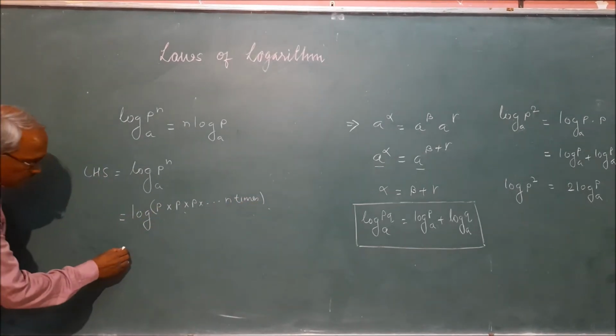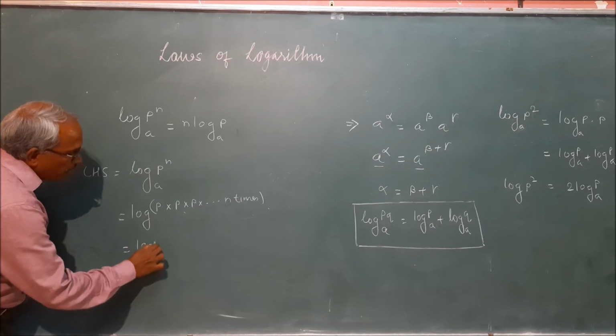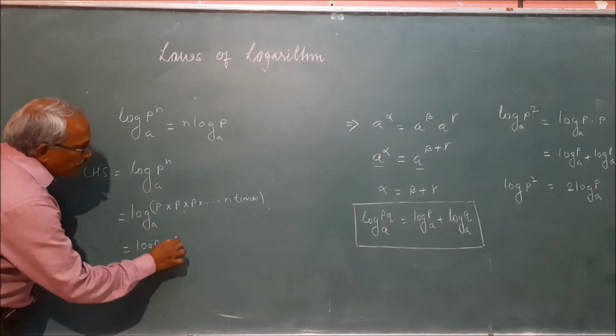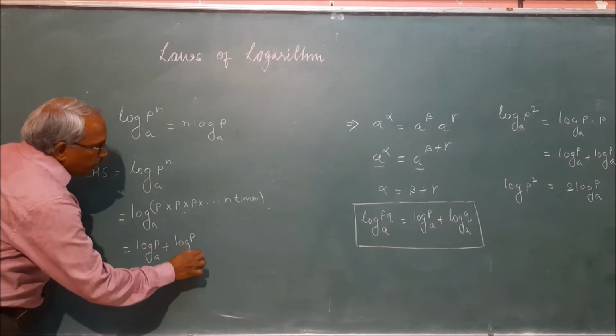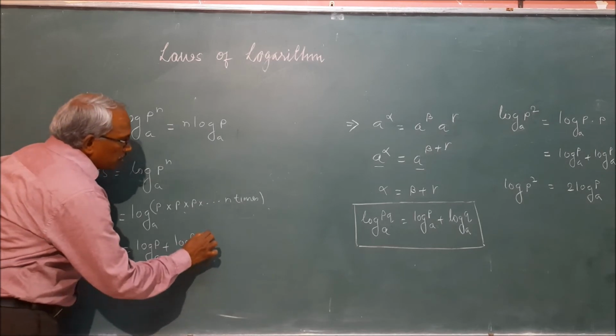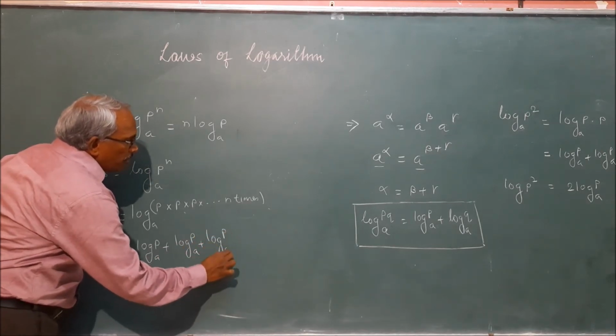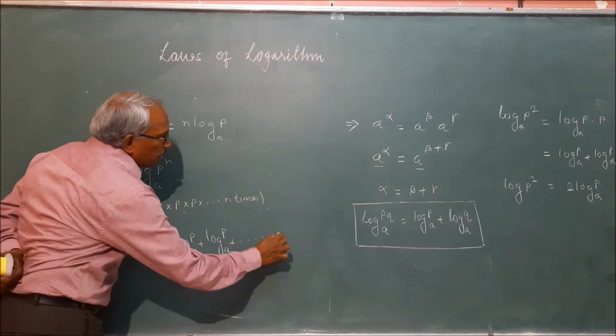So I can write this as log of P to the base A plus log of P to the base A plus log of P to the base A plus dash dash n times.